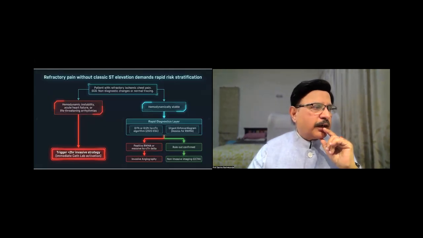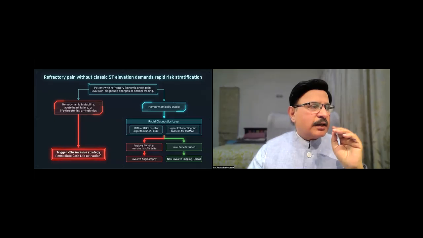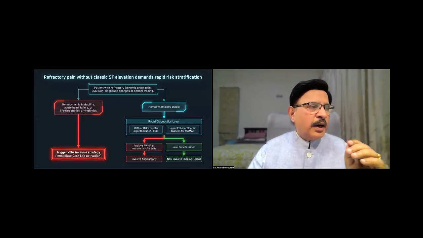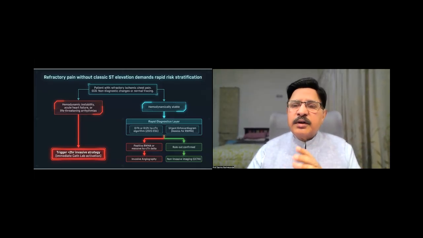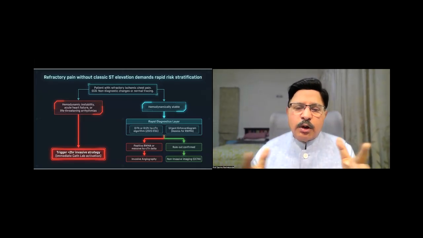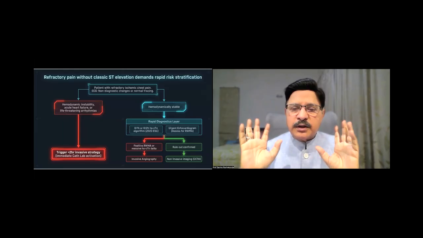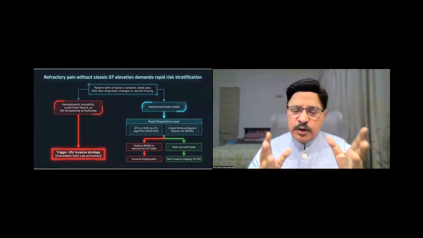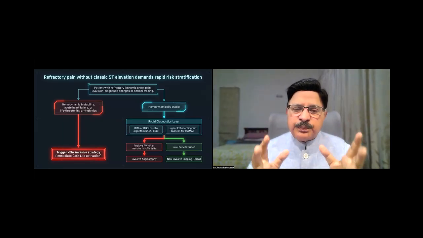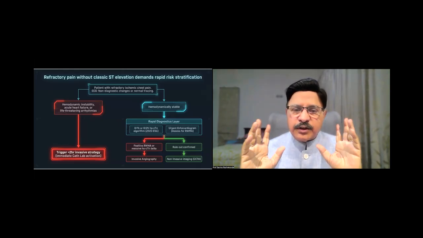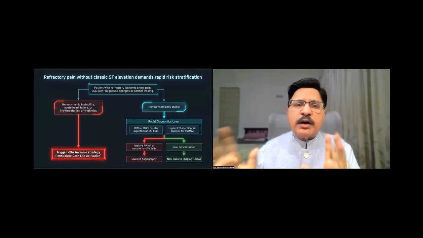Now, refractory pain without classical ST segment elevation demands rapid risk assessment. That means the patient is on DAPT, dual antiplatelet inhibitors, you have also given heparin, and nitroglycerin if necessary, and the patient's pain is not regressing.